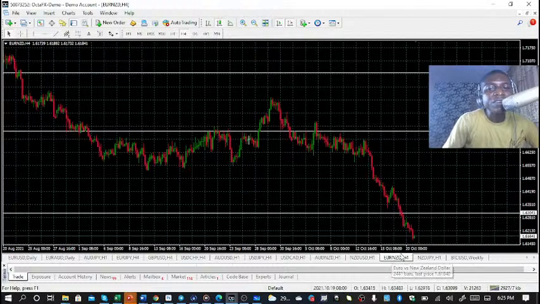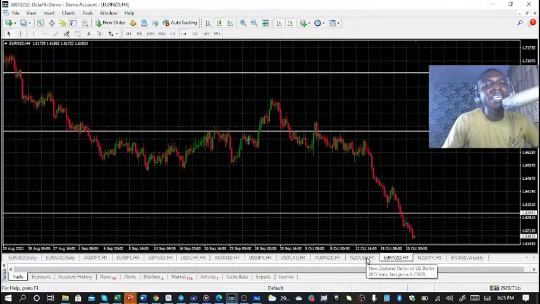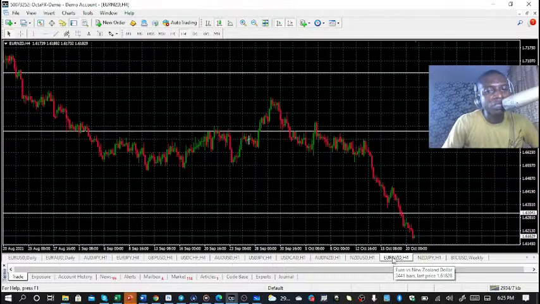Now, if the euro is weak against the New Zealand dollar, and the New Zealand dollar is weak against the US dollar, which means that the US dollar will be strong against the euro. I don't know if you get that.